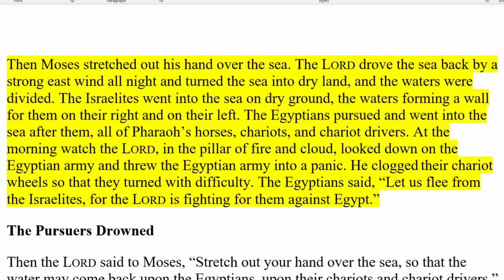The Egyptians pursued and went into the sea after them, all of Pharaoh's horses, chariots, and chariot drivers. At the morning watch, the Lord in the pillar of fire and cloud looked down on the Egyptian army and threw the Egyptian army into a panic. He clogged their chariot wheels so they turned with difficulty. The Egyptians said, Let us flee from the Israelites, for the Lord is fighting for them against Egypt.